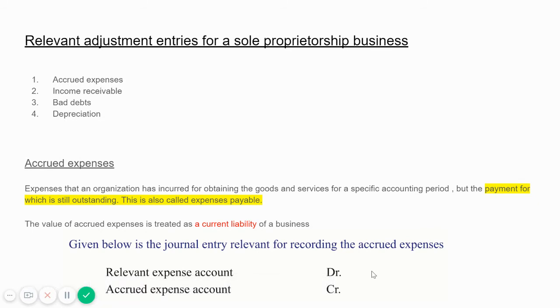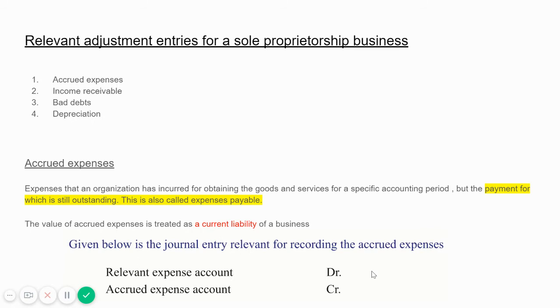When we are doing this accrued expense adjustment, we will be debiting the relevant expense account, and we will be starting up a new account called accrued expense account, and we will be crediting that. Again, the relevant expense account: if it's electricity, it will be the electricity expense account. If it is telephone, the telephone expense account.